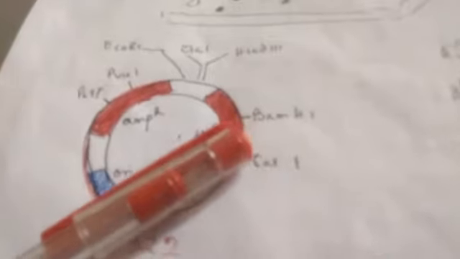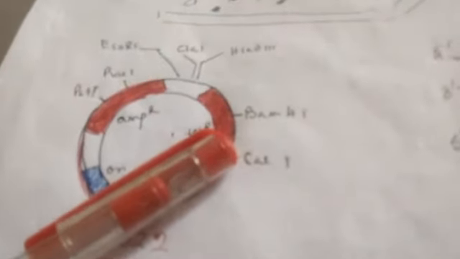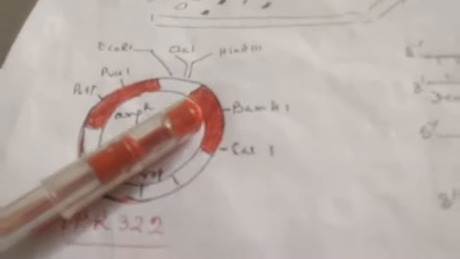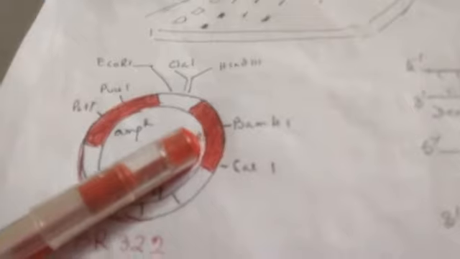First of all, suppose we have used BamH1. When we are using BamH1 to introduce our desired gene, then the gene for tetracycline resistance will be disrupted, and the bacteria will no more be resistant to tetracycline.